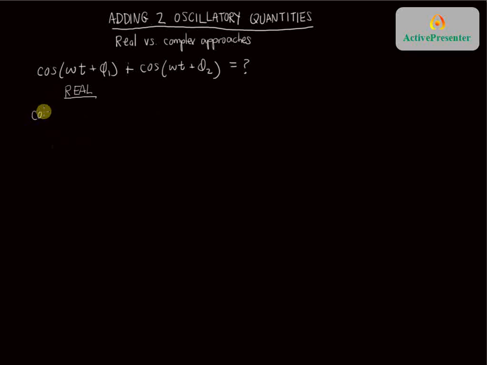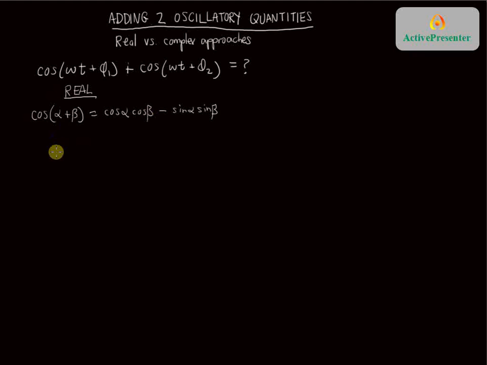I know that cosine of alpha plus beta, just in generic form, alpha and beta don't mean anything special here, is a trig identity that you should have memorized or readily available. It's equal to cosine alpha cosine beta minus sine alpha times sine beta.